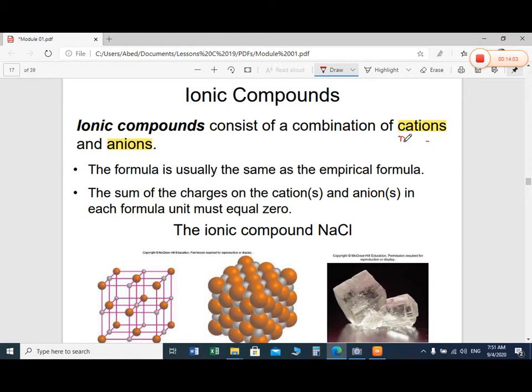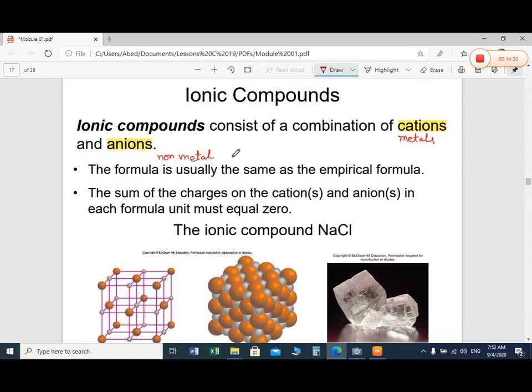Usually metals change into cations, and anions are usually, not always, non-metals. That you can see in the periodic table. You have to distinguish between metals and non-metals from the periodic table to understand how to recognize an ionic compound.